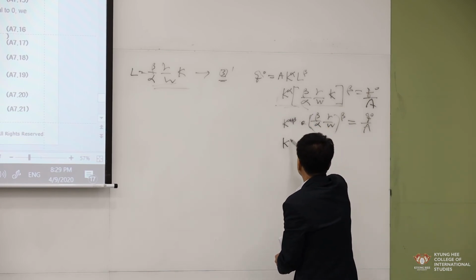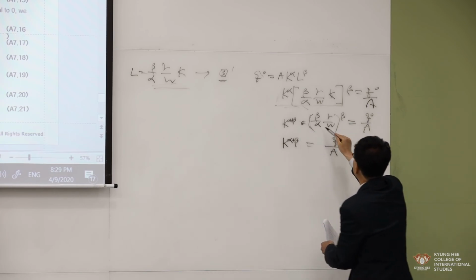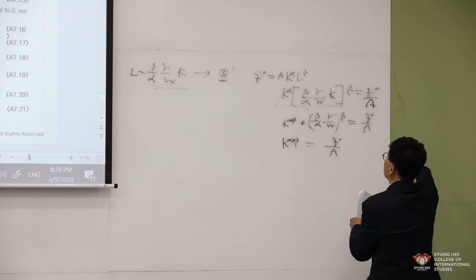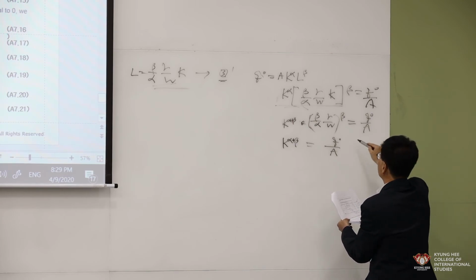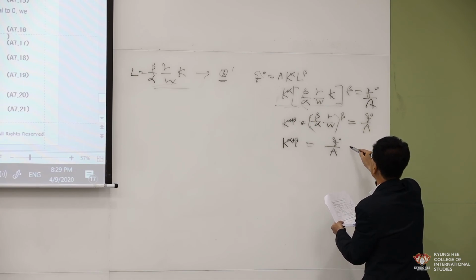Then K^(α+β) is equal to Q0 over A, and this one moving there, to the power of minus β.